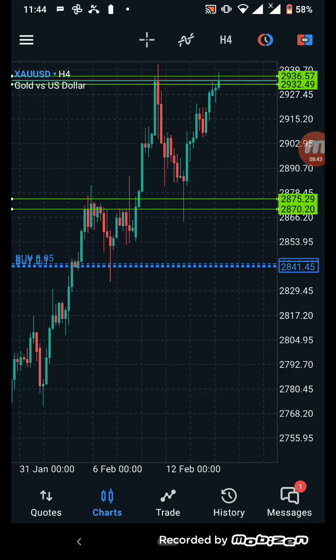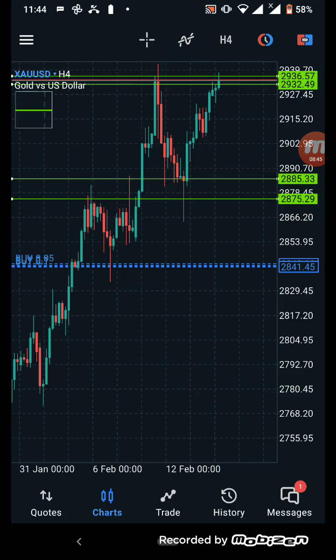So as you can see, the market came to this place and bounced back. As you can see right here, it was moving up, came down, reached this place and bounced back. Now this becomes our support zone.